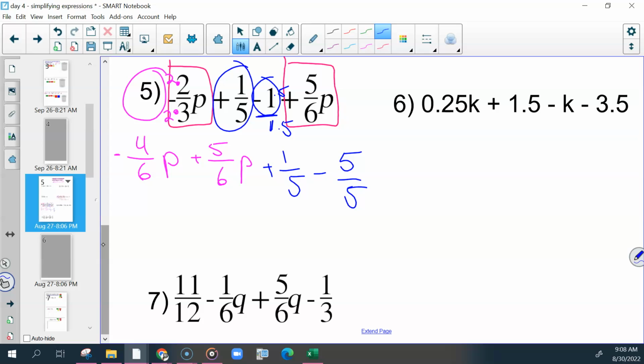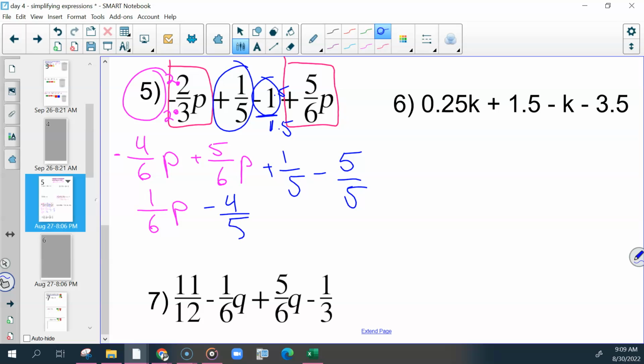Now we can simplify, combine our like terms. -4, and we're just doing our numerators, not our denominators. -4 plus 5 will give us how many p's? 1. Otis? 1 over 6p. Positive 1 over 6p. And if we're subtracting this, 1 minus 5 will give us -4.